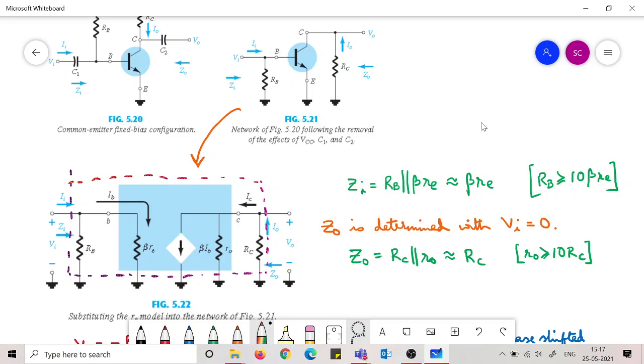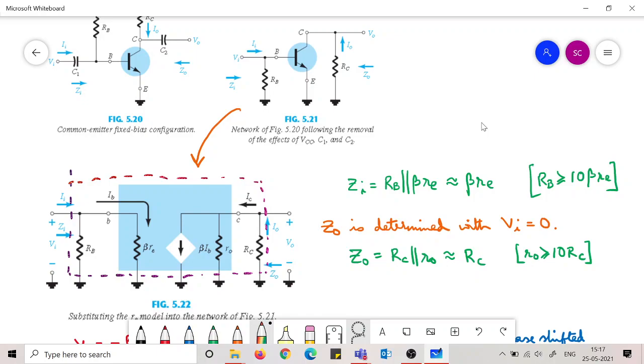Why we are doing this exercise will be evident a bit later, but our intention of course is to represent the entire AC bias configuration with just a simple two-port network, and that will become useful later on. When that comes, you will appreciate it. But for this moment, we are only trying to figure out what are the Zi and Z0 of each particular network.